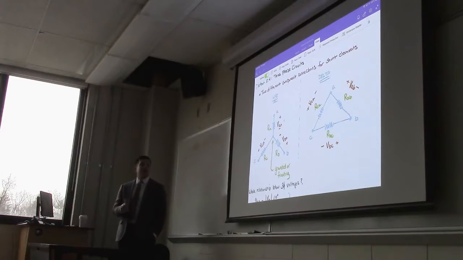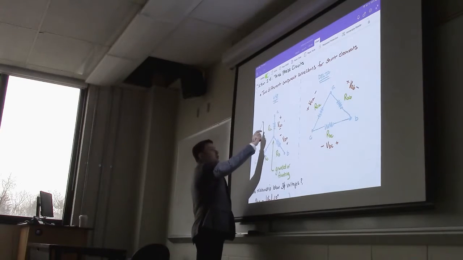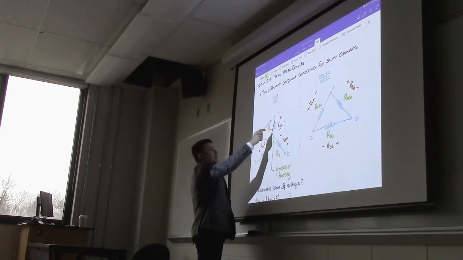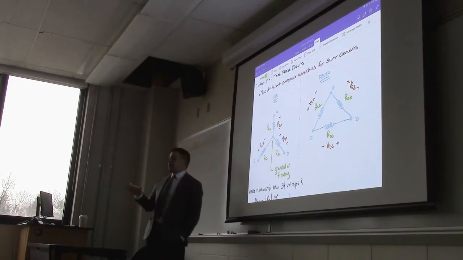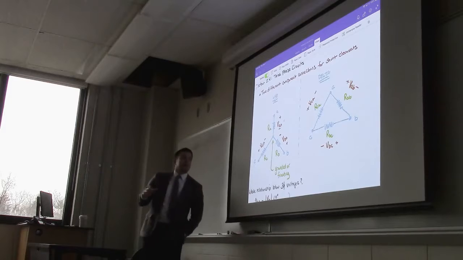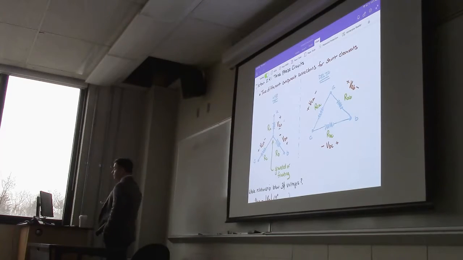The reason is that in a per phase analysis, our circuit is going to be representing the voltage between A and neutral. B and neutral and C and neutral are not going to be in the diagram. So the delta connected load or the delta connected generator, we can't use it in that form. We're going to have to always convert everything to a Y connected form and then use that in our circuit.